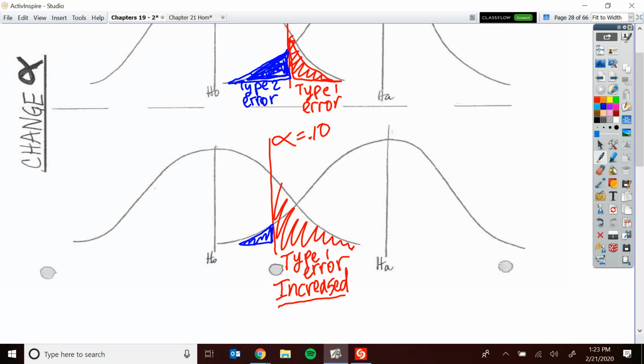What happened to the type 2? It went down. Type 2 error decreased. Okay. 1 goes up, 2 goes down. Always, always.